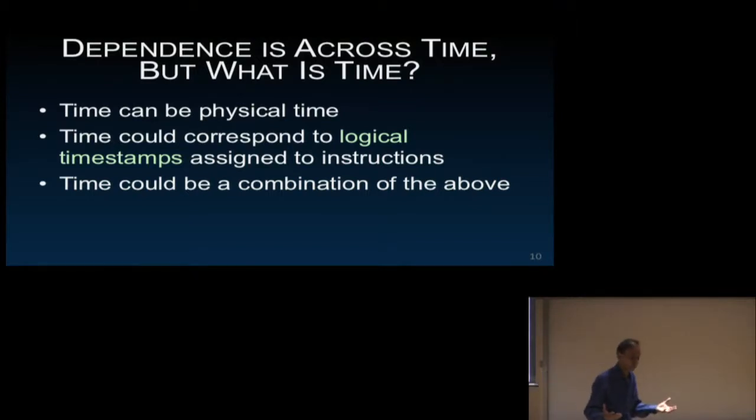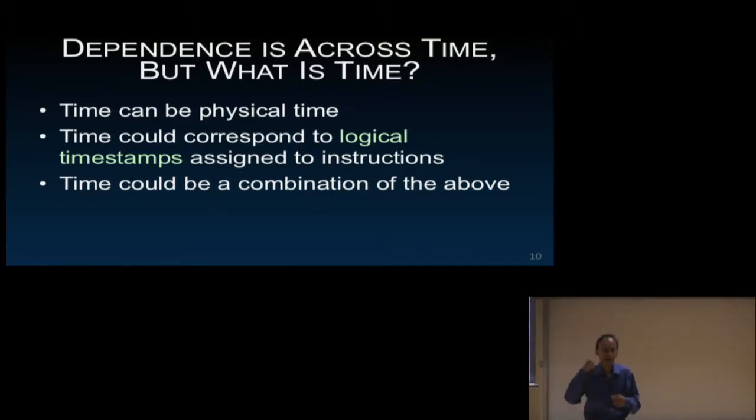But what's time, right? There's different definitions of time. I mean, the easy one is physical time. I'm out here, talking in sequence, slides coming up in physical time. But you could also have Lamport clocks, logical timestamps that are assigned to instructions that say that, I've just taken an arbitrary order here with, Beyond being first and Carlo being second and me being third, or the other way around, with me going first, etc. And it may be that I finish my task much later than Carlo or Beyond, but I'm front of the line.